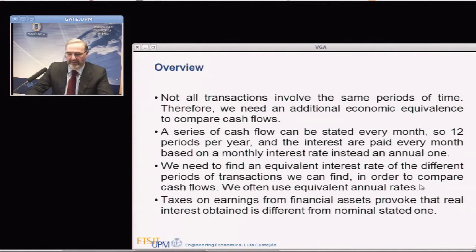So we often use equivalent annual rates. When you go to a bank, they always state the nominal annual rate and the equivalent annual rate. In Spanish, the equivalent annual rate is identified with the letters TAE.